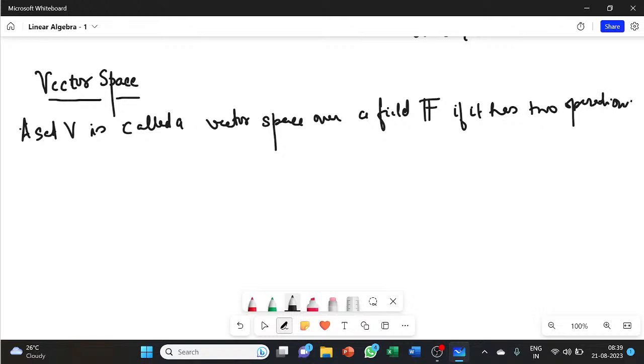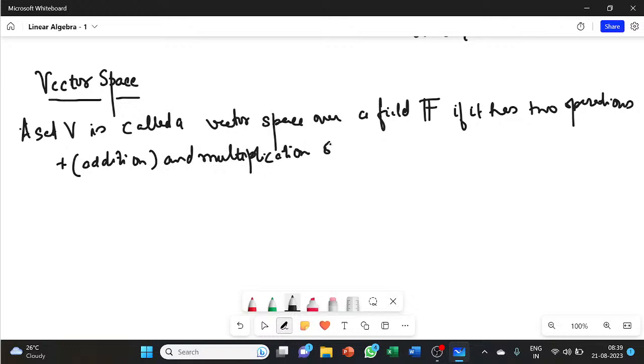And what are those operations? Whenever I started with R square, I referred to two operations. The first operation was called vector addition. In general, I'll say here two operations: first is addition, and second is multiplication of the vector elements with a scalar.